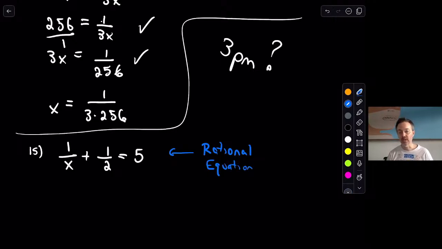And the thing that I'm looking for that makes it a rational equation is I'm looking for variables to whole numbers, or whole powers, 1, 2, 3, 4, but I want them to appear in the denominator. Well, I've got one right there. And again, the rest of it is just numbers. So I'm being a little sloppy here, but that is what I'm basically looking for to see a rational equation.